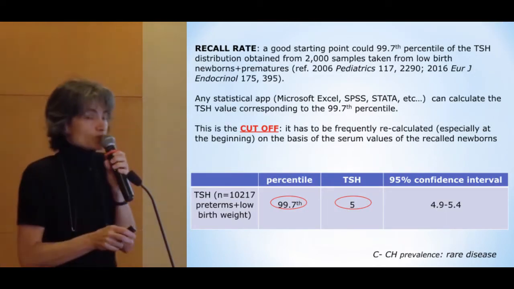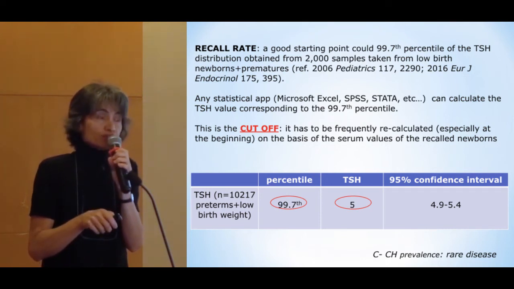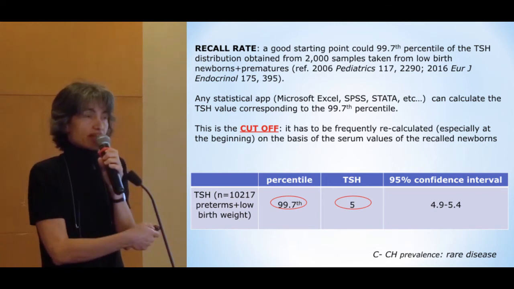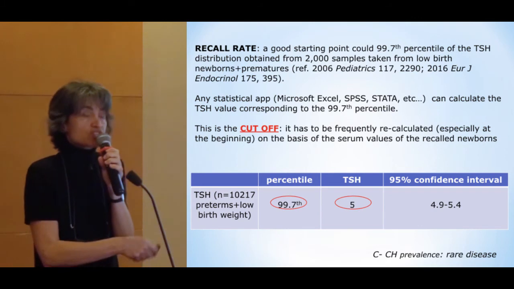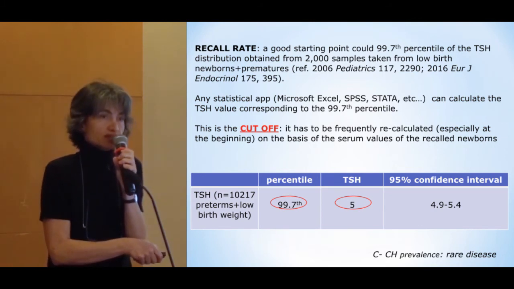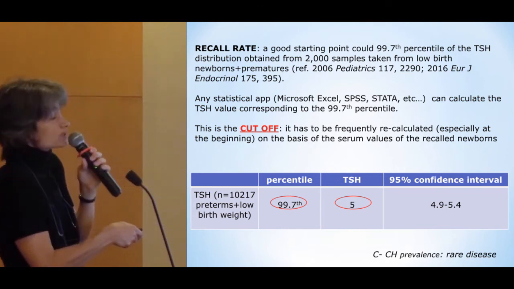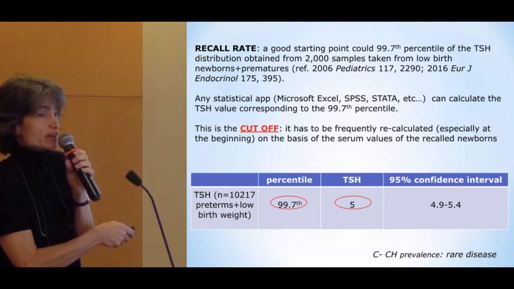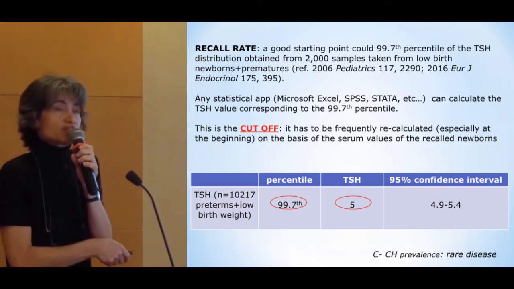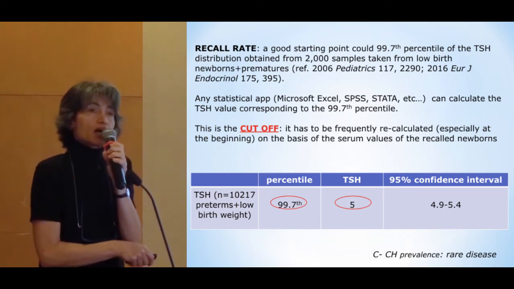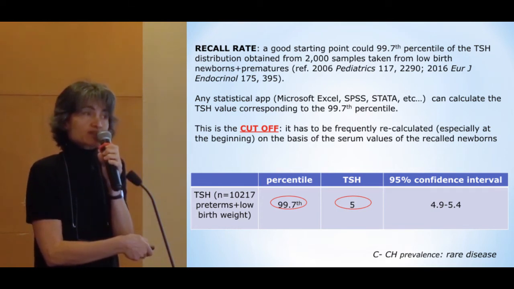Okay, now the procedure is just the same. The difference is that you will collect 2,000 samples from preterms and low birth weight babies, okay? So those are the starting samples, and I would suggest a percentile of 99.7 in order to set up the cutoff for these late samples, the ones collected at 2 weeks of life.